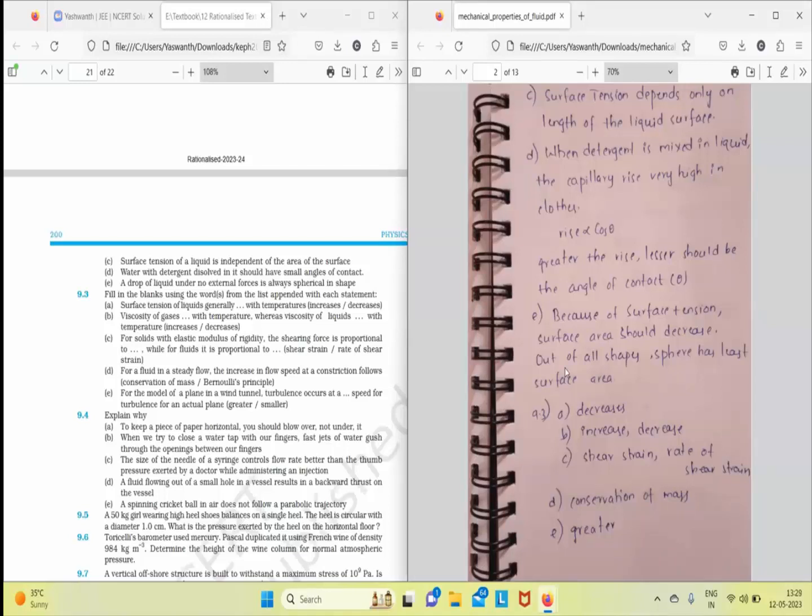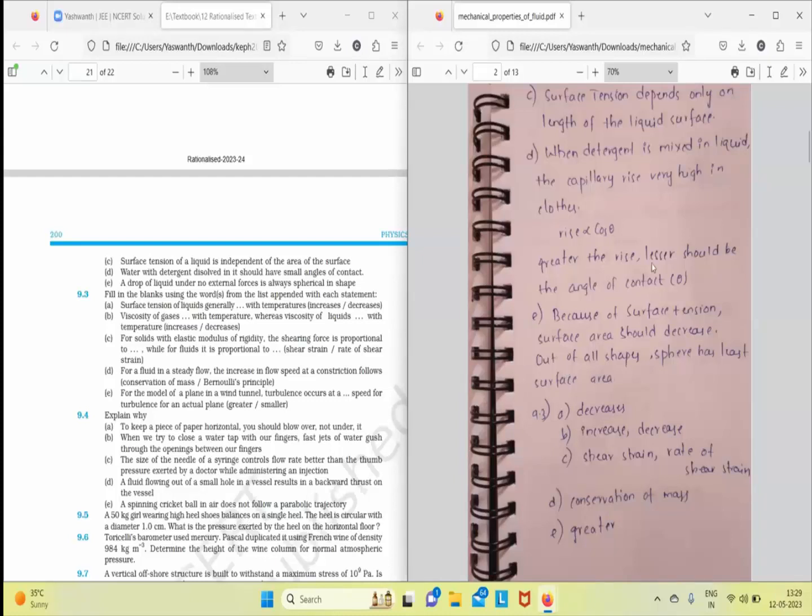So whenever we mix detergent with water and wash our clothes, the fluid formed by mixing water and detergent travels very fast in the capillary. I mean, in the thread, it travels very fast.